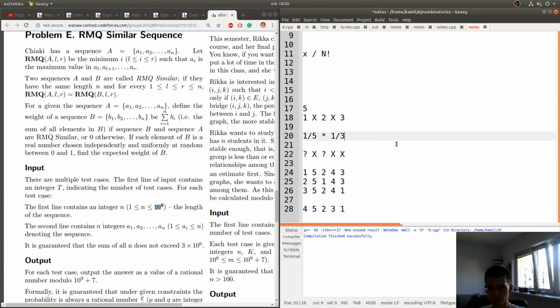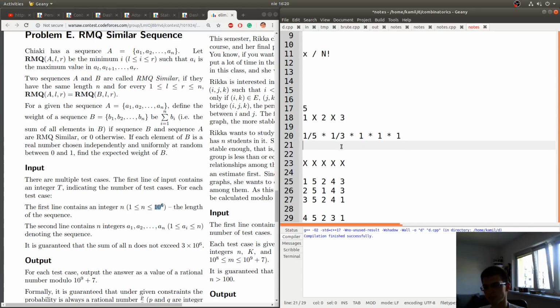The probability of that is 1. The same here and here. So basically we do something like this, and each time we have some interval that is not yet fixed. We know that some number should be the biggest one in this interval. First it was an interval of size n, and we just multiply the probabilities of that.